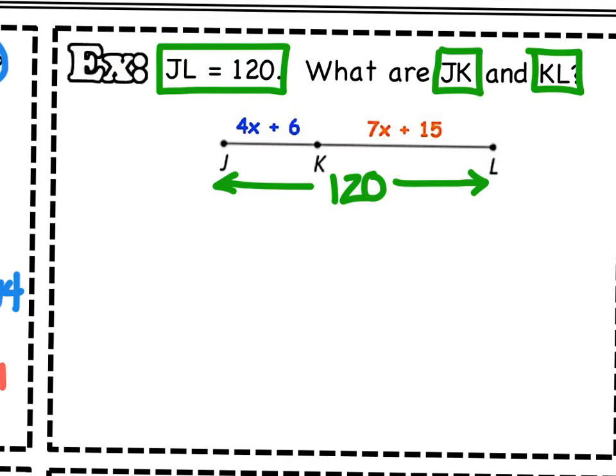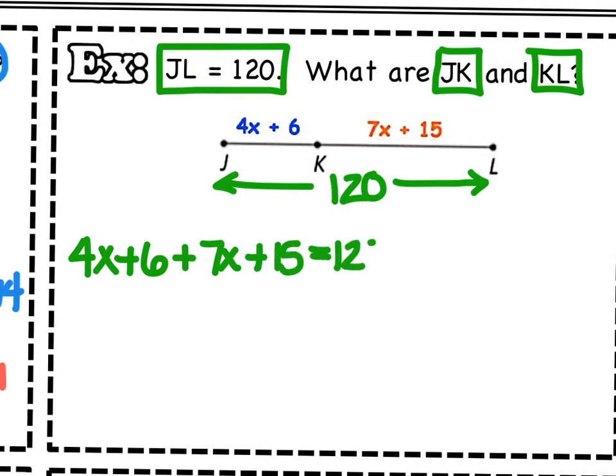So using our segment addition postulate once again, our postulate says that the sum of the parts is going to equal the whole. So if I put these two pieces together, it is going to equal that 120 again. So let's write our equation just like we did in example number 1. So 4x plus 6 plus 7x plus 15 is equal to 120. Now, once I have my equation set up, I want to go ahead and combine my like terms on the left-hand side.